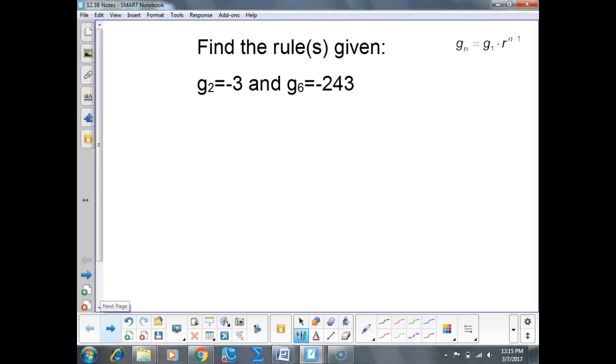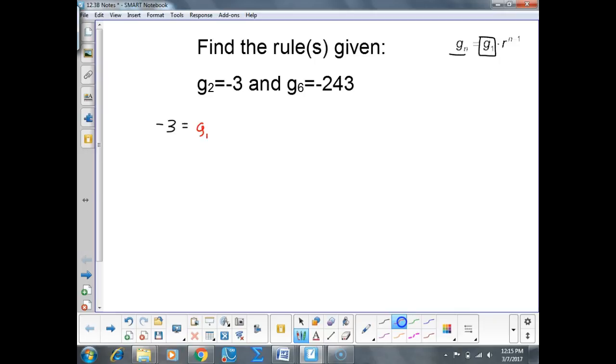So here we go. So we start out by writing down a rule. G sub n, any term, is equal to the first term times the common ratio to the n minus 1 power. Okay? So any term would be negative 3. That's going to be equal to, I don't know what my G sub 1 is.